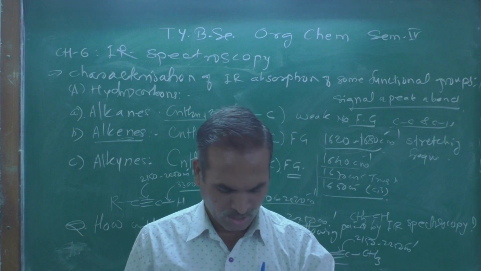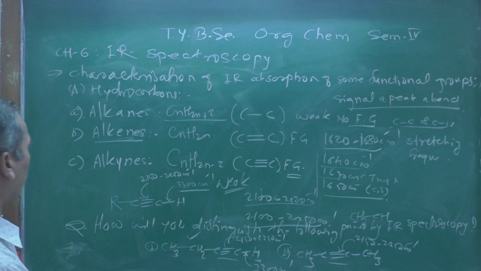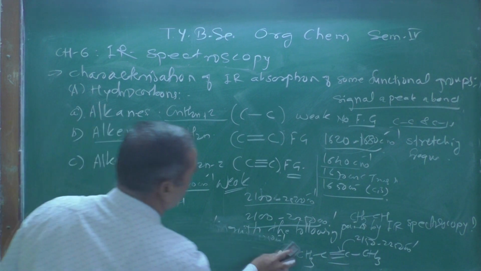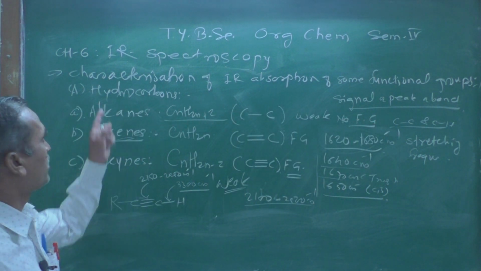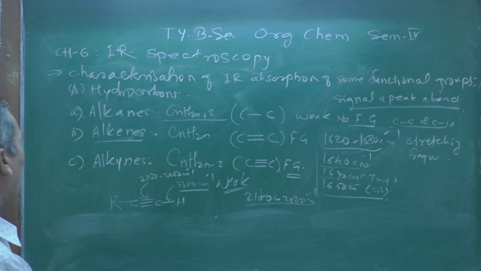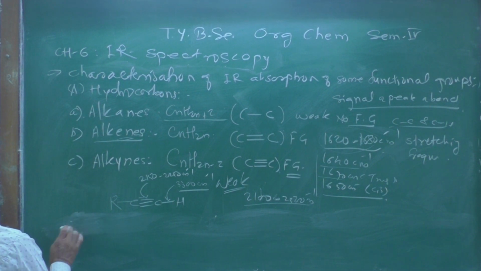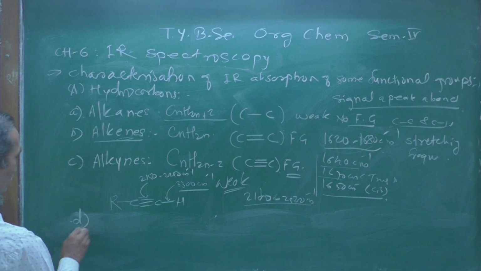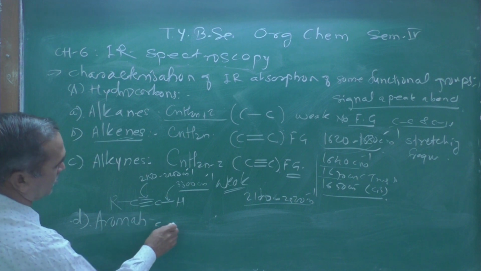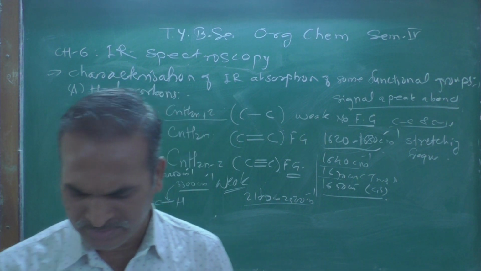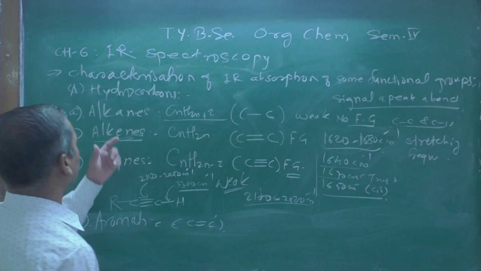Now is the aromatic compound. Let us discuss here the aromatic carbon-carbon double bond. We are talking about these hydrocarbons, under that heading we are discussing the various terms A, B, C, and now D, that is aromatic hydrocarbons. As we know, in aromatics the carbon-carbon double bond is also present.